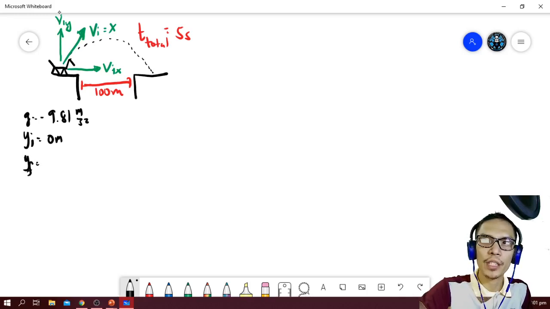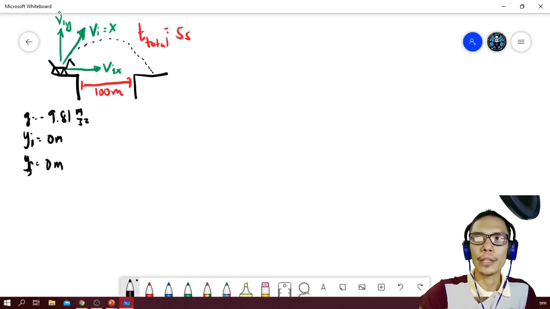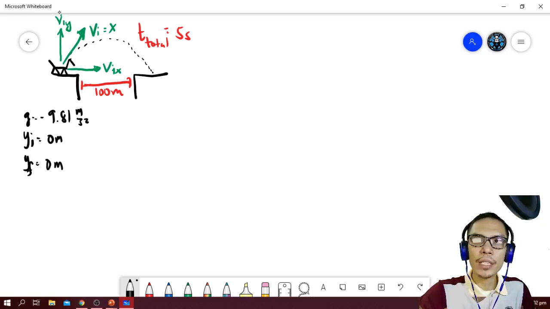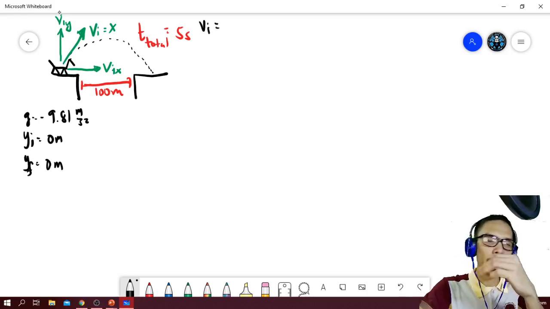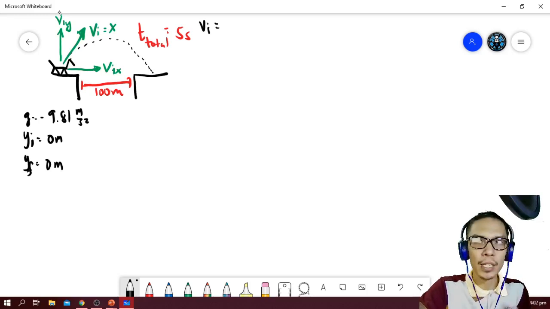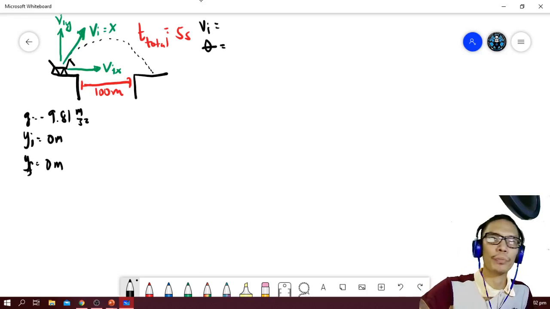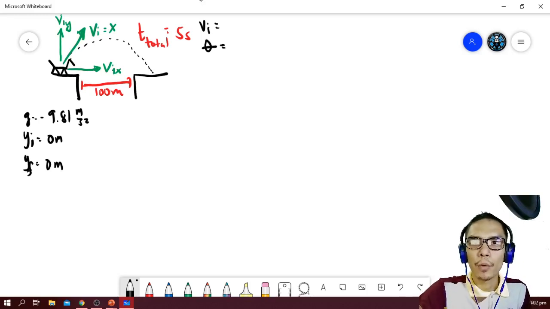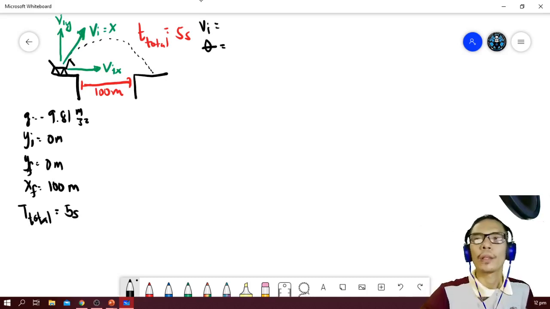Next one, assume that the other cliff is not higher than the other one, so 0 meters as well. All right, so we don't have v sub i based on the problem, so that is the one that we are looking for. Not the x component, not the y component, but the v sub i, this one. And also the problem is looking for the angle the object launched. Okay, so what do we have? We have the range, which is 100 meters, and also we have the total time, which is 5 seconds.